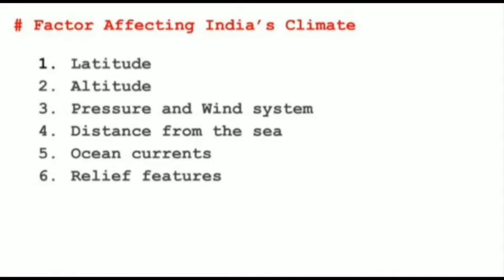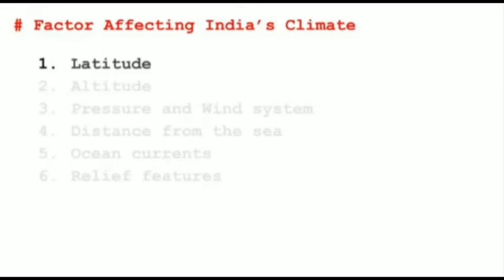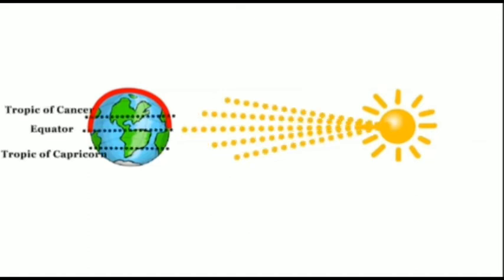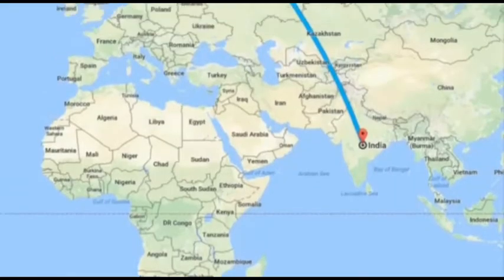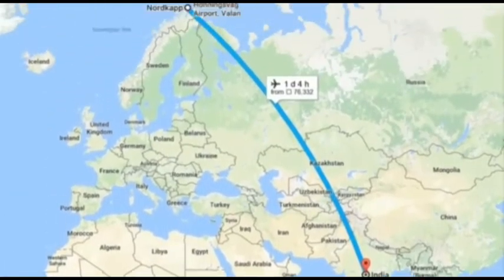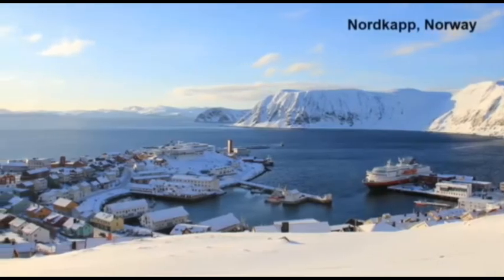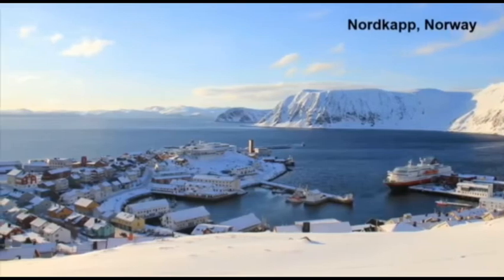The first one is latitude. Due to the curvature of the earth, the amount of the solar energy received varies depending on the latitude. That's why you may observe the temperature decreases while moving towards the north.